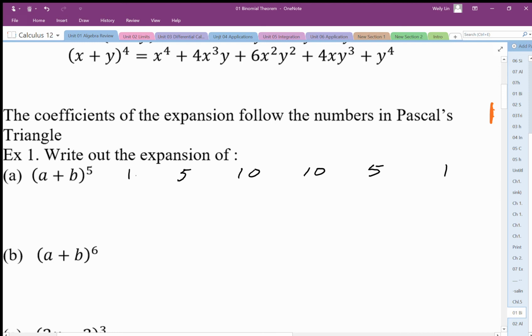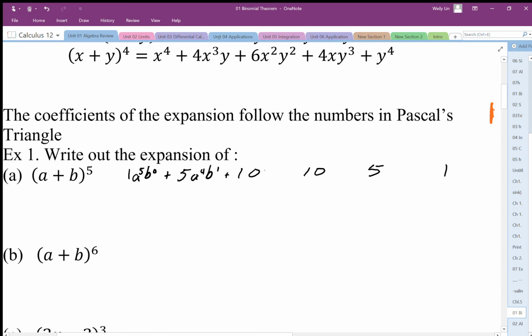We get a to the power 5, b to the 0, plus a to the power 4, b to the 1. Notice that the powers always add up to the original power of 5, and it's in descending powers of a, increasing powers on b.